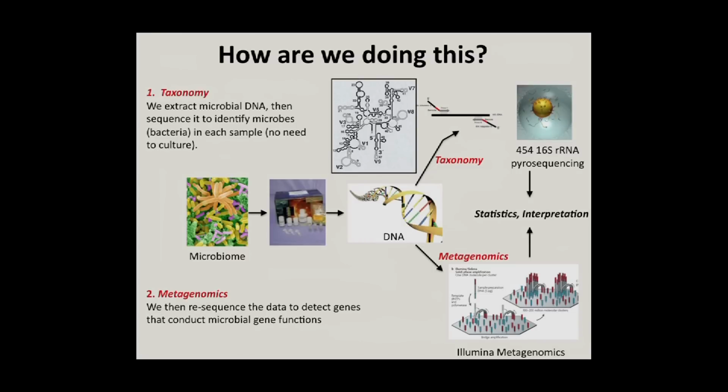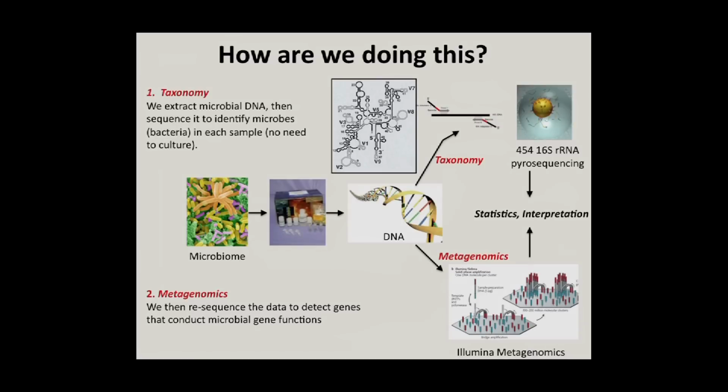We're taking advantage of very new sequencing technologies that generate incredible quantities of data, and we're actually taking advantage of the 16S RNA molecule, which is very conservative in bacteria and allows us to make statements about bacterial taxonomy, running it through various pipelines to get to the point of statistics and interpretation.